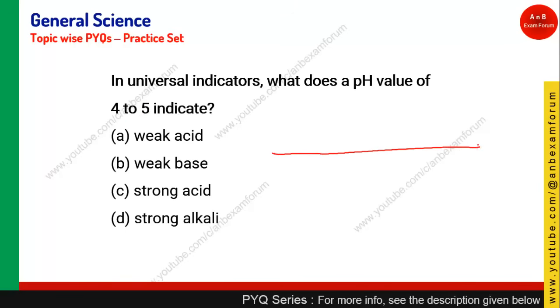On the scale, 7 is neutral, 0 is strong acid, and 14 is strong base. So if you have the range 4 to 5, you can say that it is a weak acid. So option A is the right answer. Here it is the strong acid, here it is base, here it is weak acid, here it is weak base.